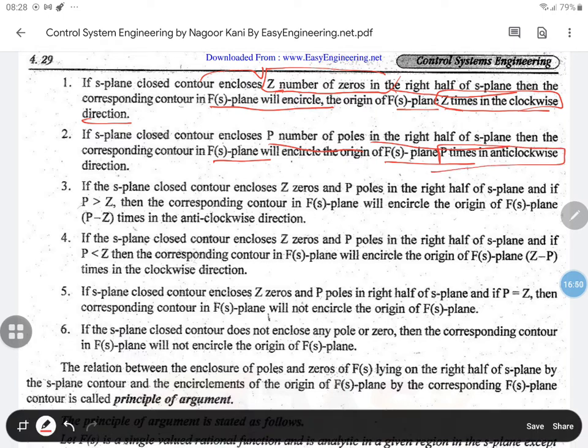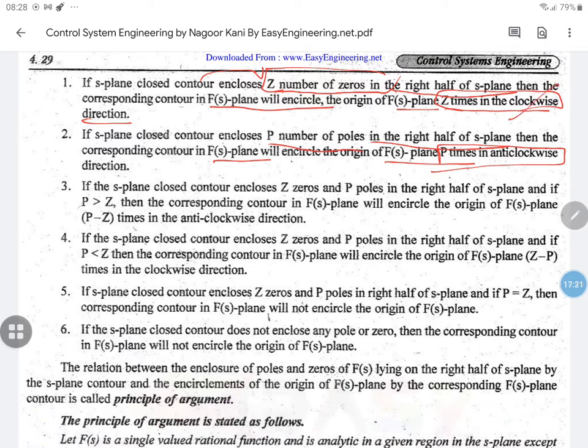So for zeros, depending on the number of zeros, you have encirclement of the origin in clockwise direction, and depending on the number of poles enclosed in the S contour in the right half of the S-plane, you have P encirclements of the origin of the F(S)-plane in anti-clockwise direction.